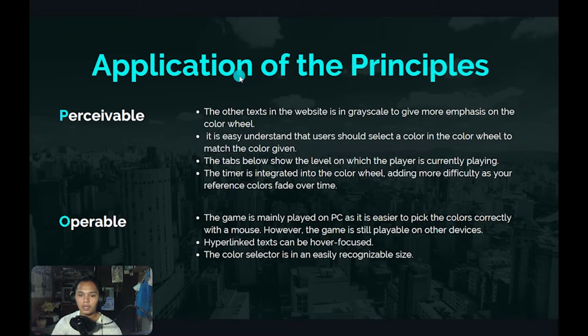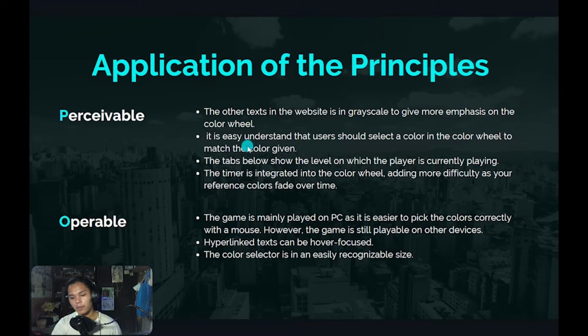You can see earlier that the colors shrink over time. That was the color your mouse is currently hovering on, so it should match the color of the background. So it gives more challenge to the players.